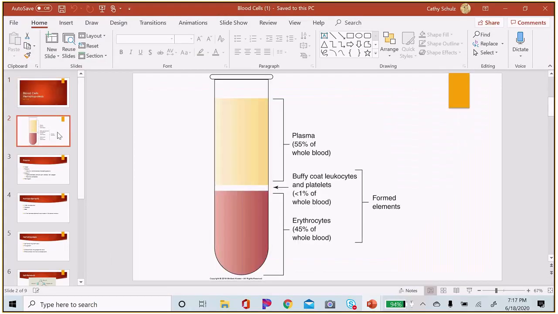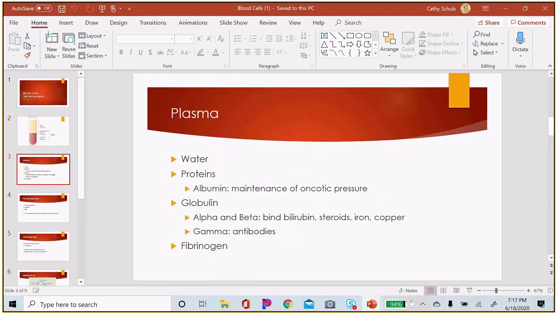So the blood itself is made up, this is if we spun it down, a blood sample, a large portion of it is plasma, which is the fluid components. Then we have the second largest being the red blood cells themselves, and then the smallest being a group of white blood cells and platelets that are always present as a just in case.